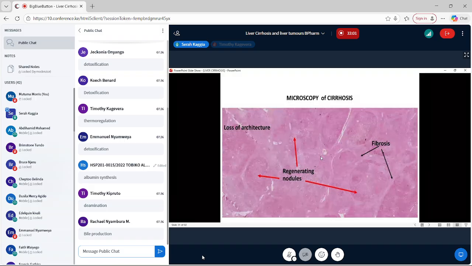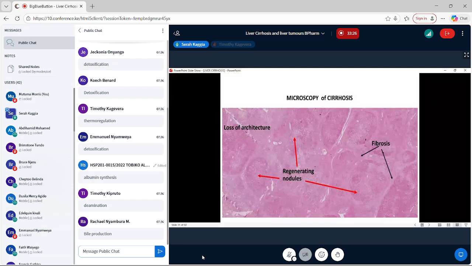When you have these, the normal function of even that hepatocyte, some of them are dead, others are tried, they don't get enough blood because it's all gone. You know, the nice one that we had seen earlier on. So you'll end up having the function of the liver deranged. It will not be able to synthesize albumin. It will not be able to do deamination of ammonia and other toxins.